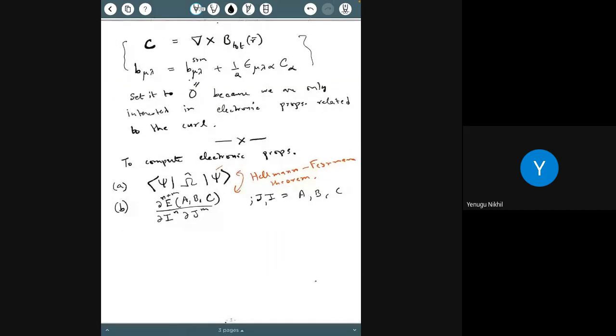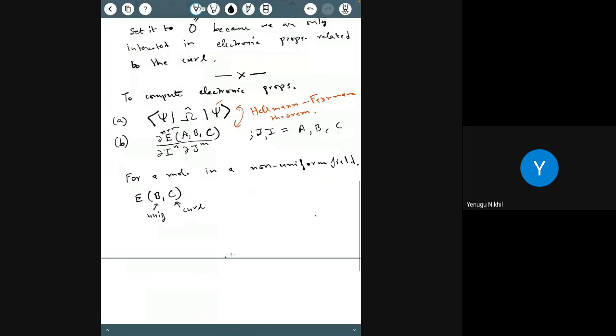So then I can say that for a molecule in a non-uniform field, my energy is a function of B and C. This is the uniform part. This is the curl. So these are the two inputs that I am given.